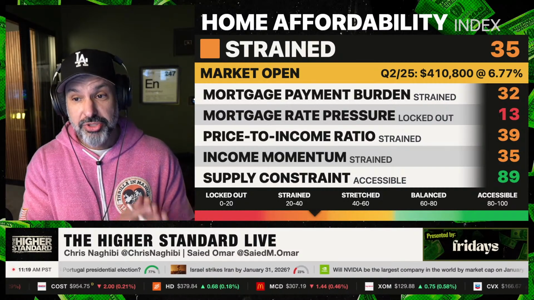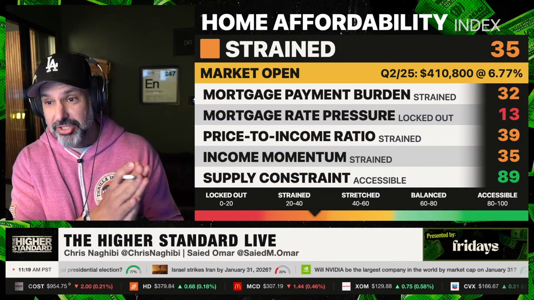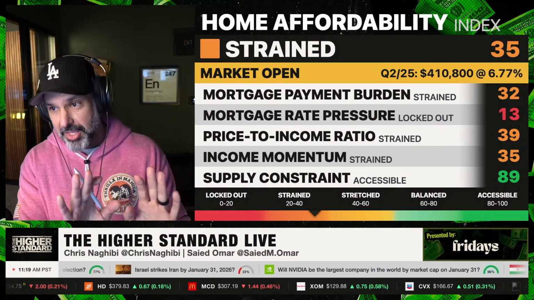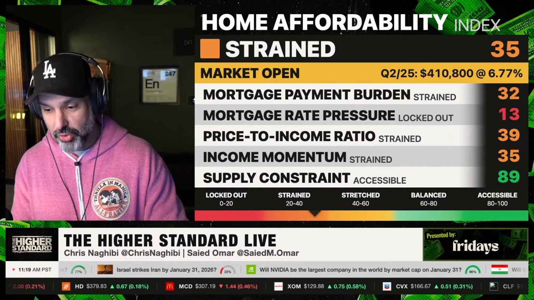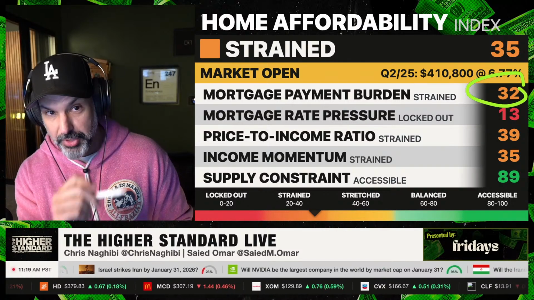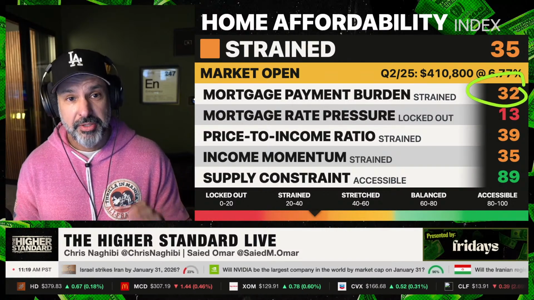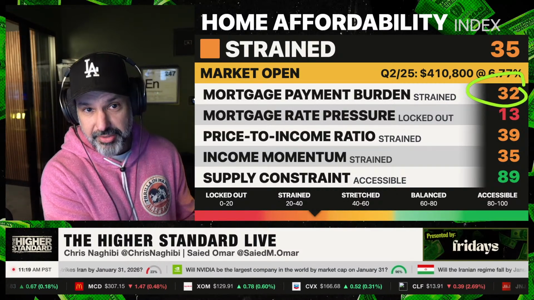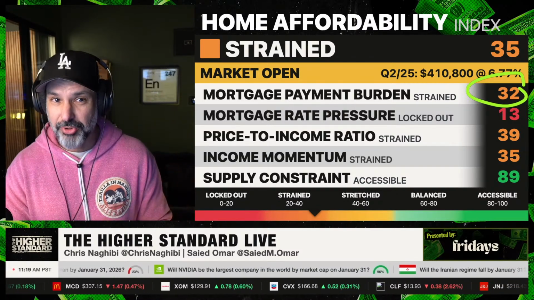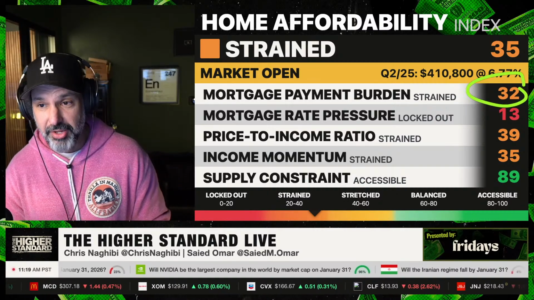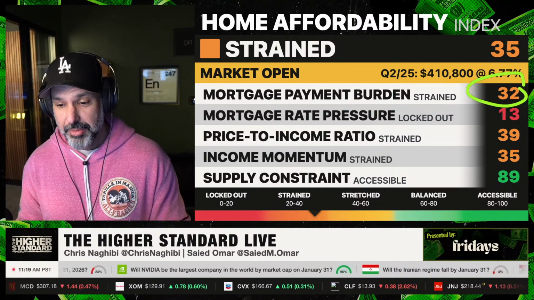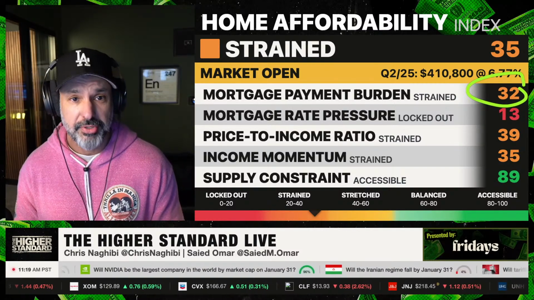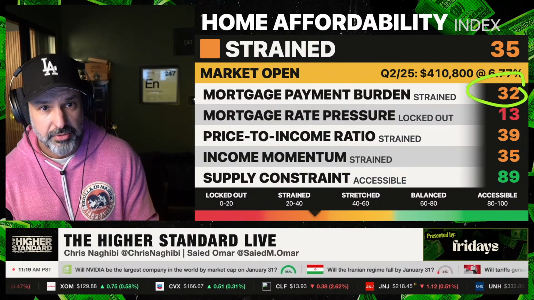Using their numbers, that comes up with a payment-to-income ratio, which is then compared to historical levels and converted to a 0 to 100 score, which is the score you're seeing here. Very simple, not very difficult. Basically, payment-to-income ratio, comparing that historically, and the comparative part is where we get a little bit proprietary, so I'm not going to give it a whole lot there. But suffice it to say that based on that, the mortgage payment burden is in the lower third, if you will, of historical availability.